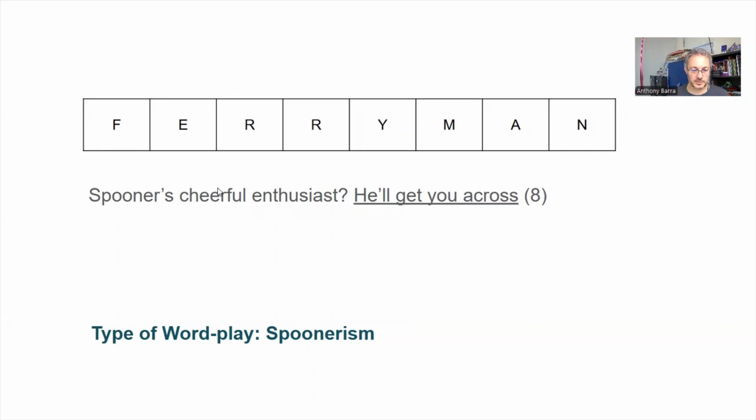And if you are cheerful, you're merry. If you're an enthusiast, you're a fan. But what Reverend Spooner would often do, accidentally or perhaps on purpose sometimes, is take the 2 opening sounds and switch them. So here we get merry fan turning into ferryman, and a ferryman is someone who will get you across.